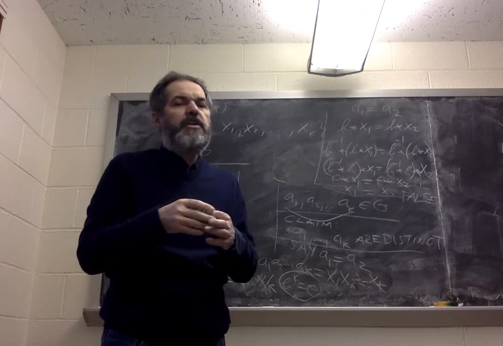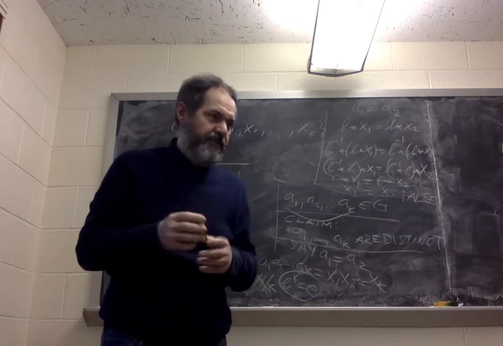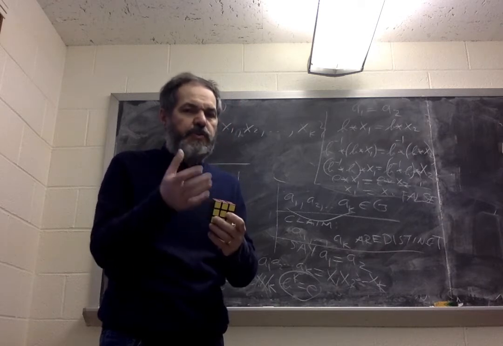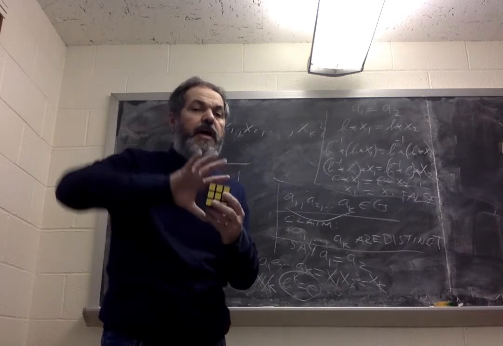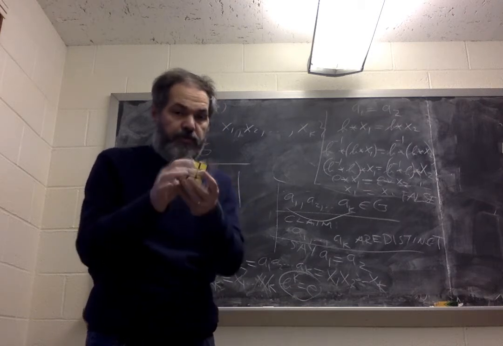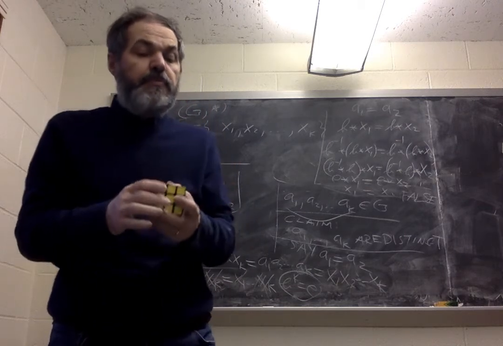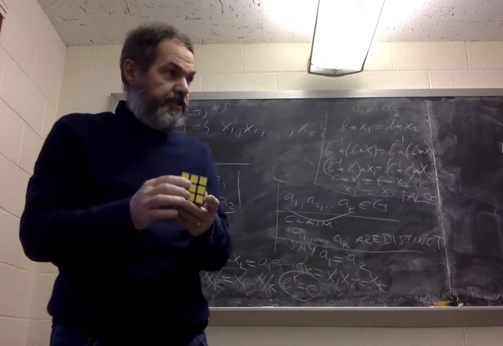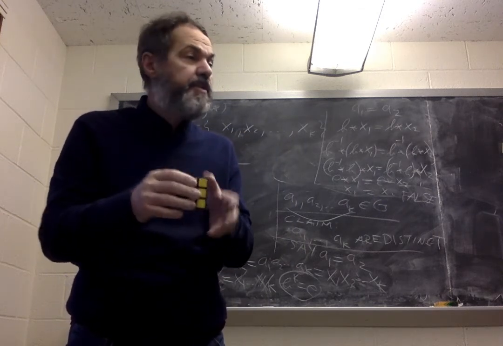This group is not commutative. It's highly not commutative. I have to say the cube group is a subgroup of that group, in the sense that it's still huge, but not all the permutations of these 54 little squares can be done.